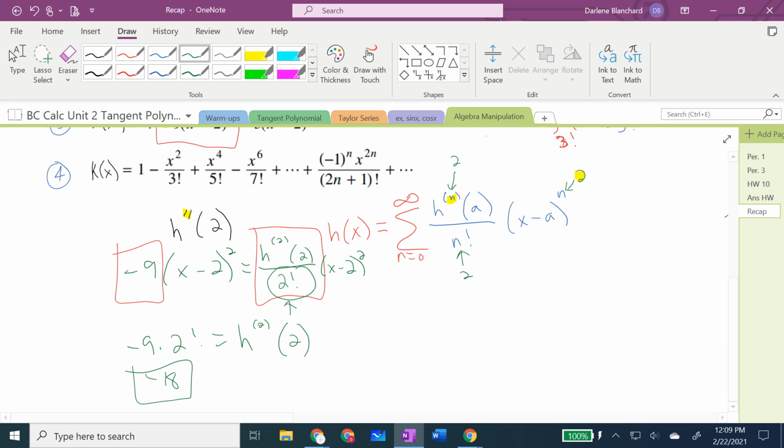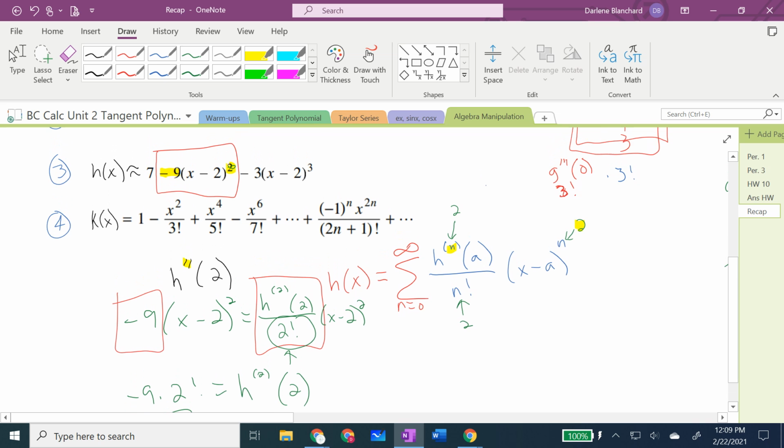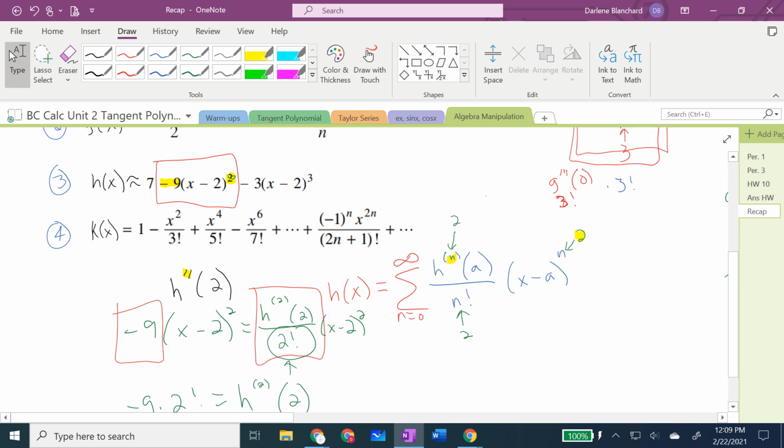Okay, now I have another question for you, and I'm going back to the h function again. What is, I'll put it right here, what is h prime of 2? I'm going to erase the work that I did for h double prime of 2.